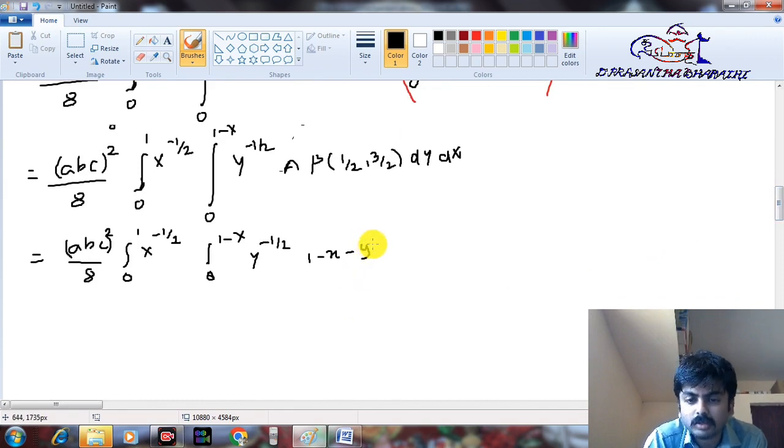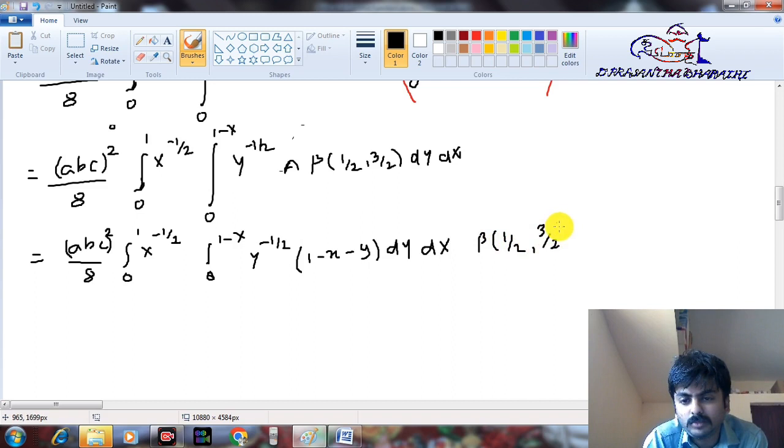Whole power minus 1 by 2, sorry, which is just 1 minus x minus y, and after that we will have dy and dx, and after that there is a constant beta of 1 by 2 comma 3 by 2.